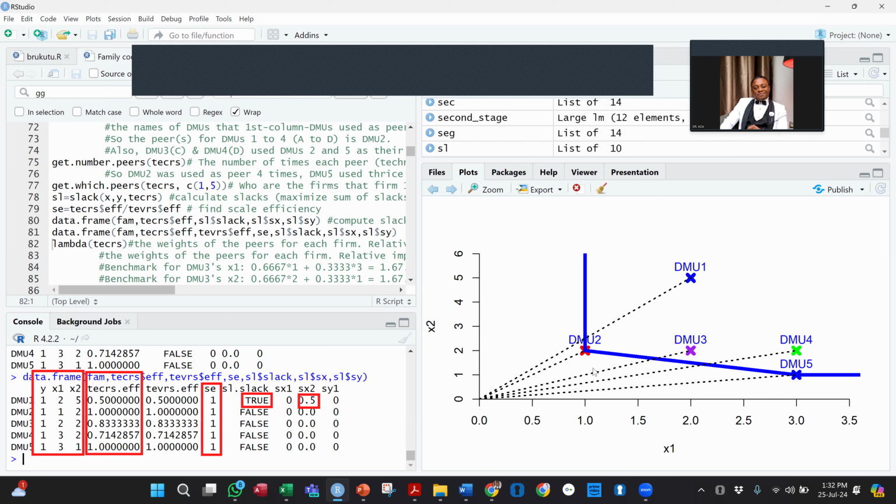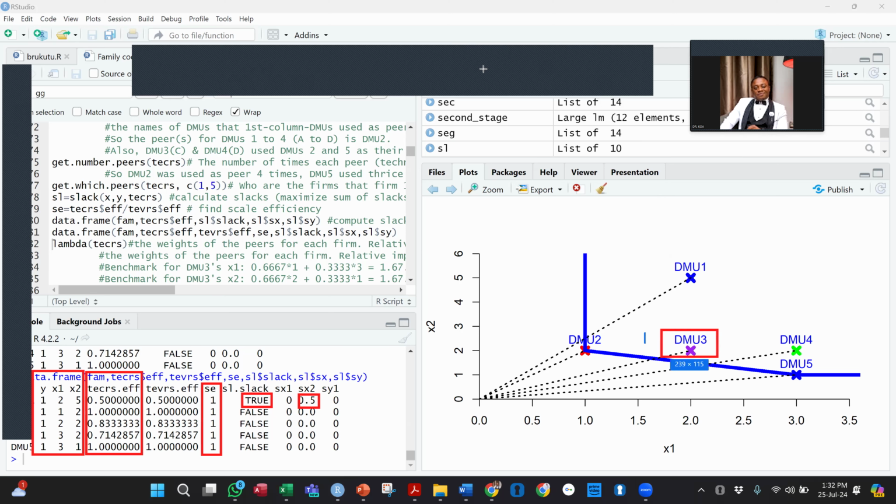If you check DMU3 and 4, they are technically inefficient. But when you trace them to the frontier, they don't hit the free disposability section.